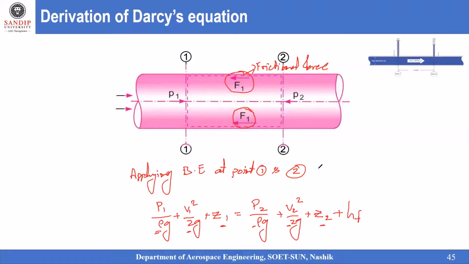Applying Bernoulli's equation at points 1 and 2, we obtain P1 by rho g plus V1 square by 2g plus Z1 is equal to P2 by rho g plus V2 square by 2g plus Z2 plus HF. These are the pressure head, velocity head, and datum head, and HF represents the head loss due to the friction.